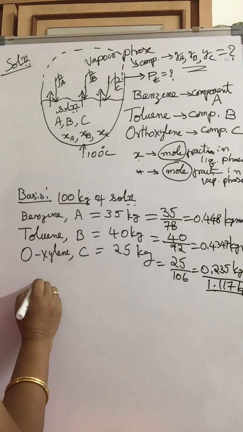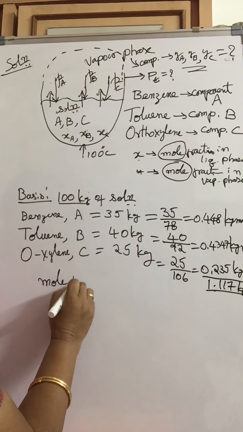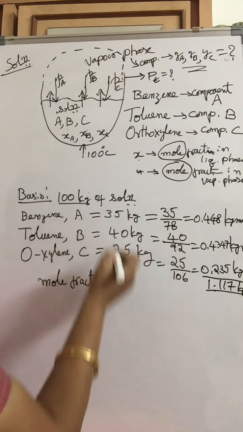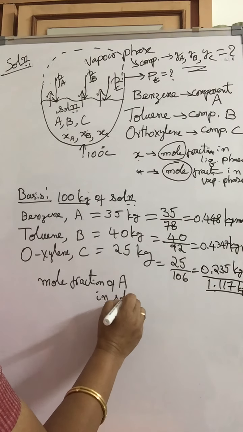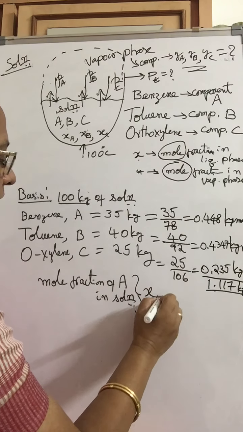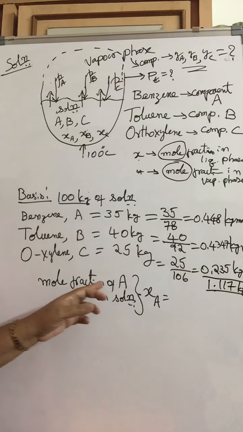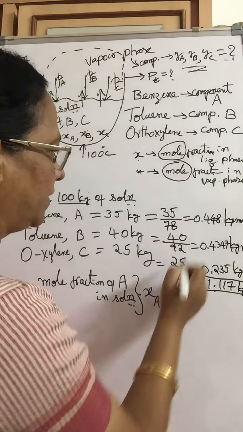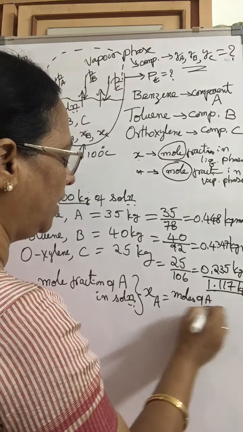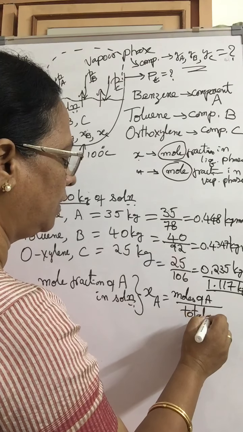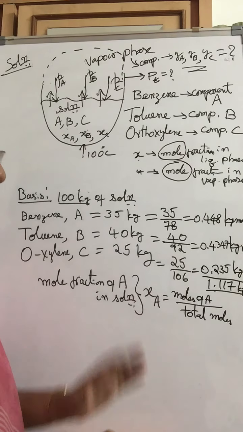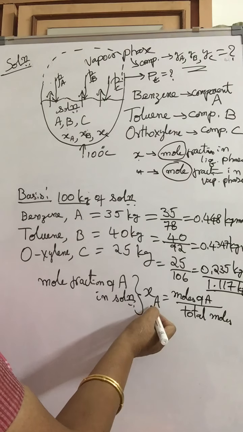So the next calculation is the mole fraction of A. A is benzene here in solution. Because this composition is in solution, we represent it by XA. Mole fraction of A in solution, that is XA, is moles of A by total moles. That's all. Mole percent, if you want, multiply by 100. You need mole fraction only.